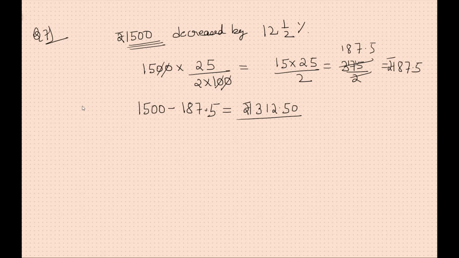Now question number 8. A library contains 800 reference books. New books are brought and the percentage increase in the number of books is 30%. How many books are there in the library now? So the question says, children, there are 800 books in the library.